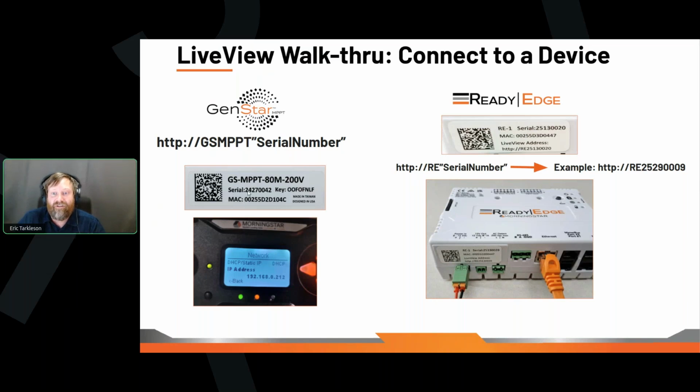So that serial key, 242700042, will be a direct link to LiveView that we'll show you in a minute. Or you can go into your network settings on the display and you can scroll down until you see the IP address.